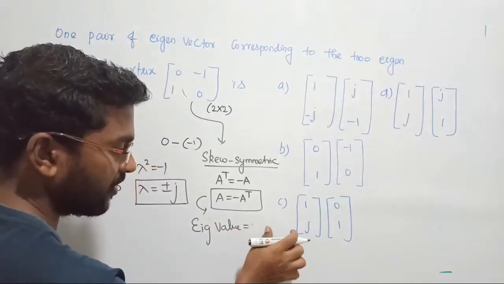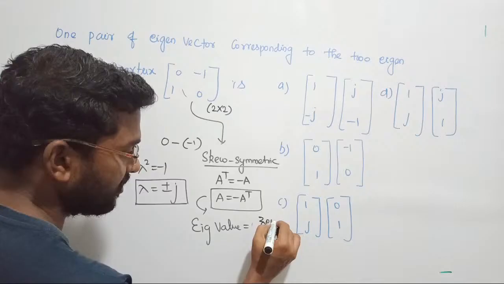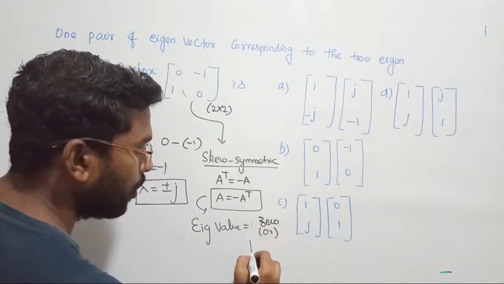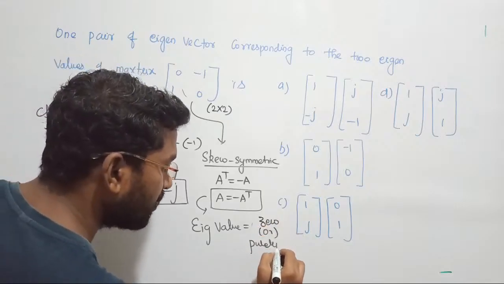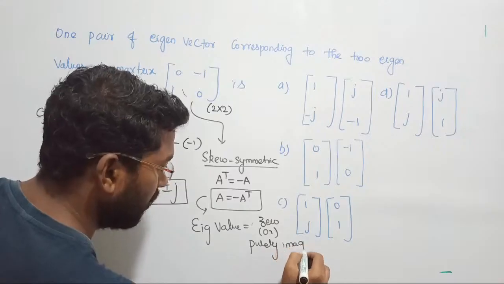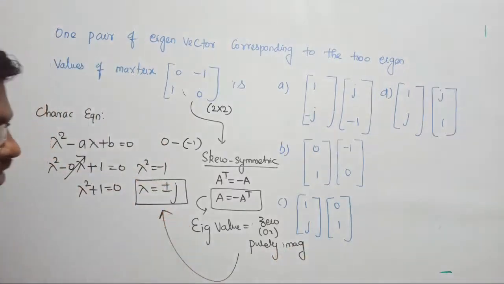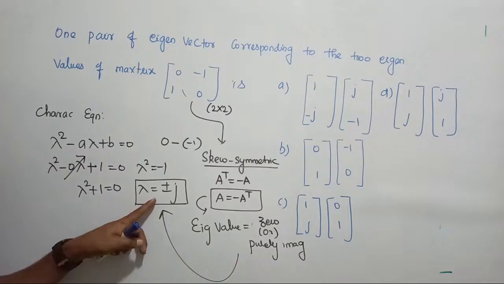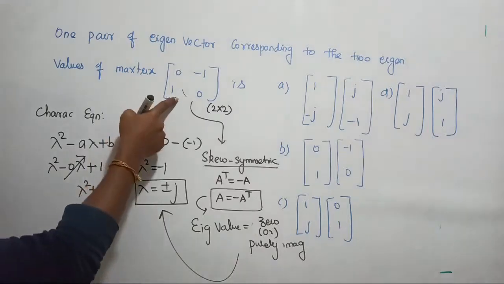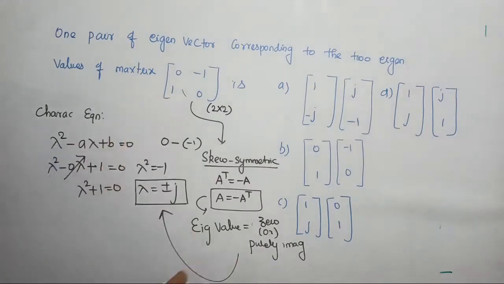Do you remember? Just to revise your notes, I had given this statement already. Either it might be 0 or purely imaginary, and that is the proof for that. I am getting a purely imaginary value, since the given matrix is skew symmetric, so its eigenvalue is purely imaginary. Anyway, that statement is not required here, but I am just recapping.